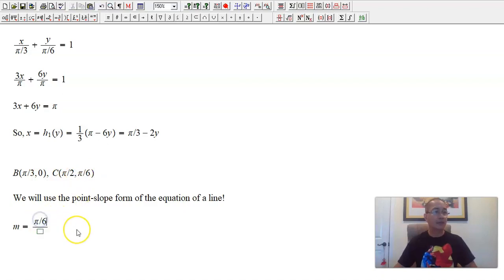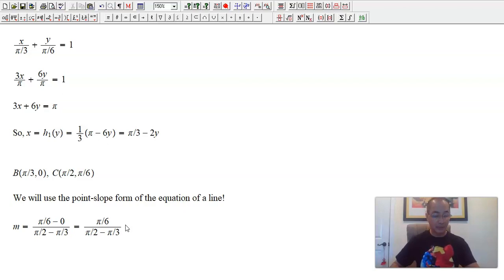So pi over 6 minus 0 over pi over 2 minus pi over 3. And no, that's not 9. That should be a 0. So, ooh, fractions galore. So we got pi over 6 over pi over 2 minus pi over 3, common denominator 6.